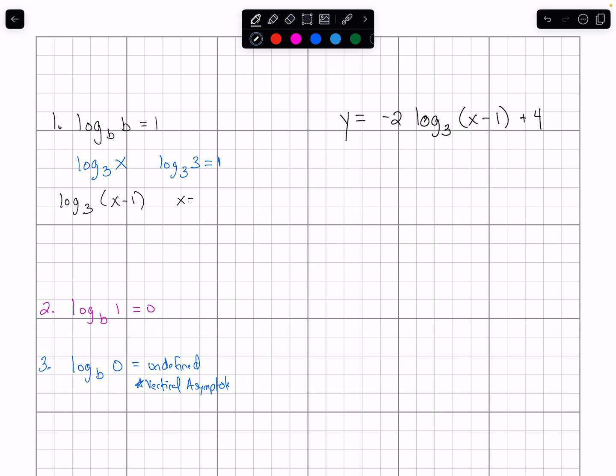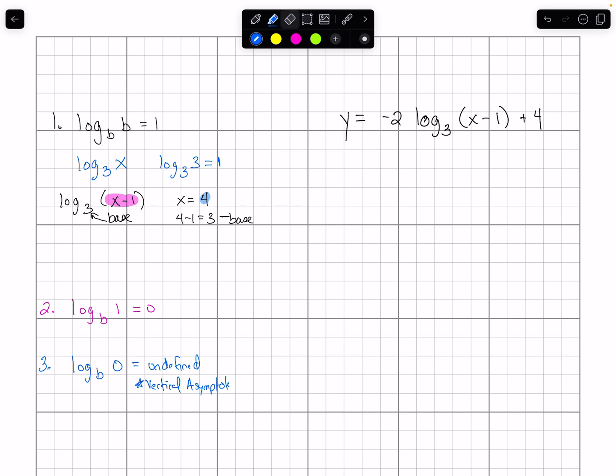So what would x have to be in order for x minus 1 to match its base? I want this to equal the base. So if you think about this, x would have to be 4, right? Because 4 minus 1 is equal to 3, and that's the base of my log. Okay, so now I'm going to use that. So one x value I'm going to use right now is x is equal to 4.